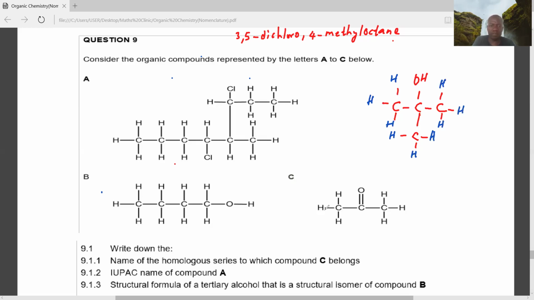Let's read the question again. It asks for the structural formula, so we must also extend this OH because they want it as a structural formula.